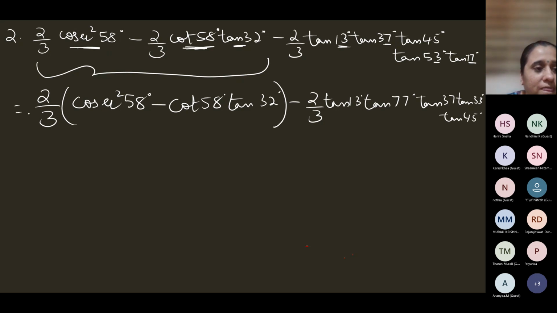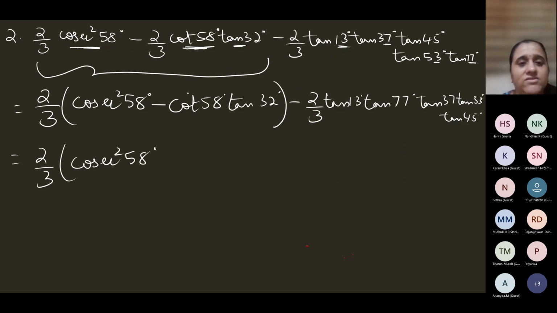Next step, 2 by 3 into cosecant square 58 degrees. The idea is we have cosecant square 58 and we want cot square 58. We have one cot 58, so we are trying to make this also cot 58. Let's see how we can do that.